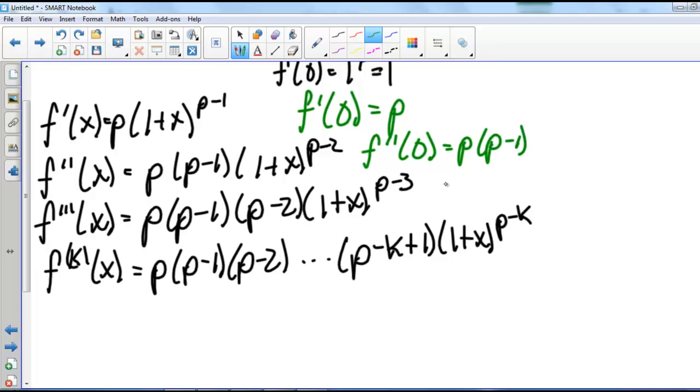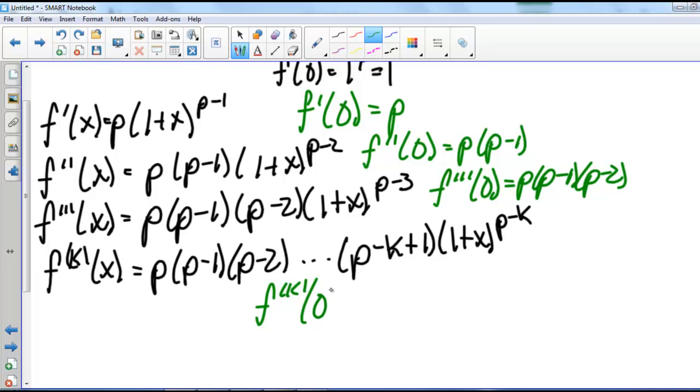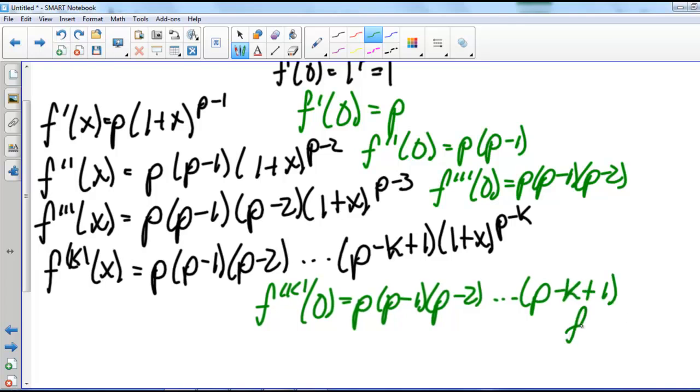Third derivative at 0 is p times p minus 1 times p minus 2. So the kth derivative at 0 is going to be p times p minus 1 times p minus 2, and so on, all the way up to p minus k plus 1. And this is for k greater than or equal to 1.